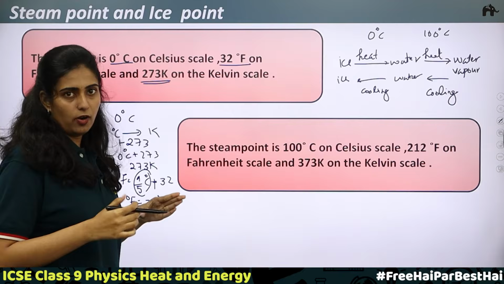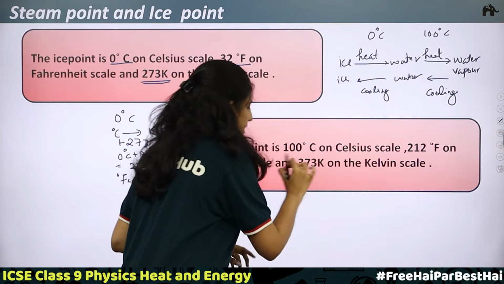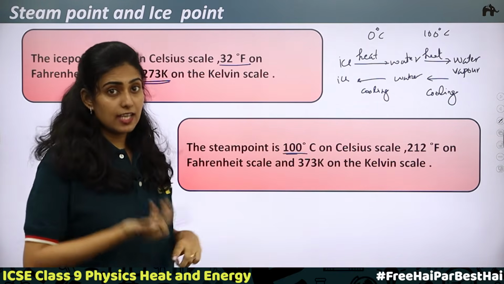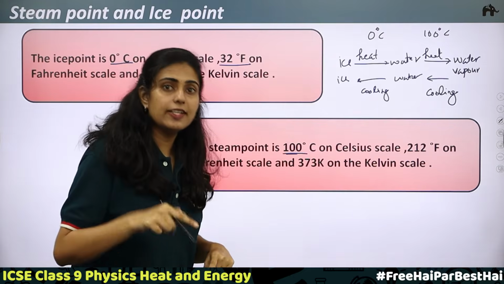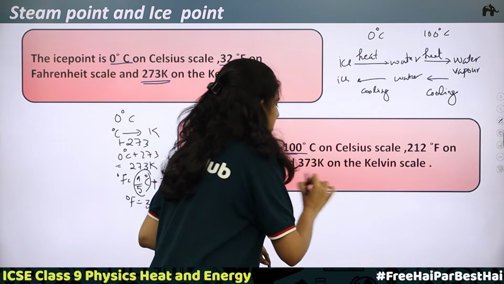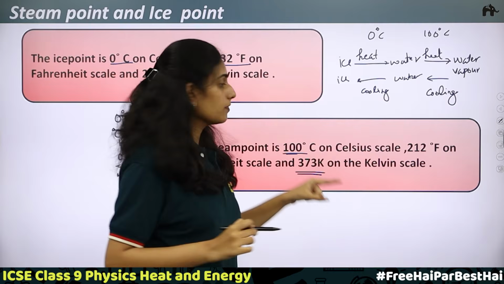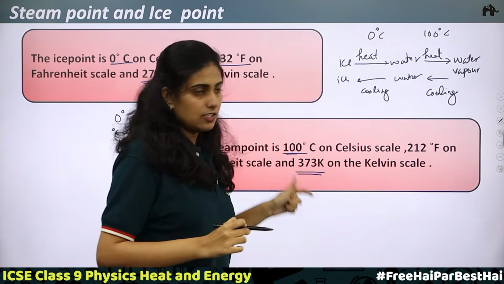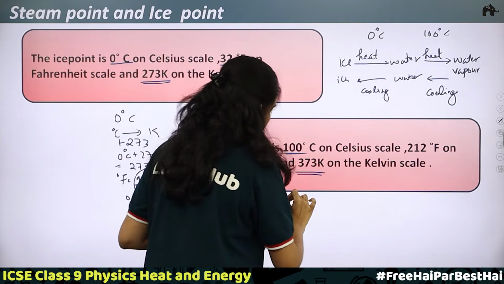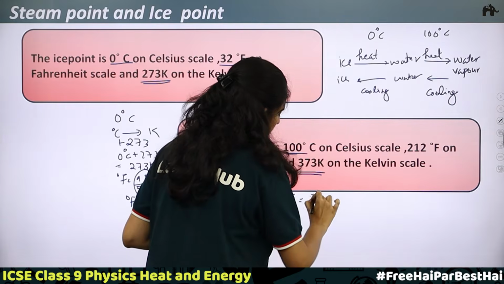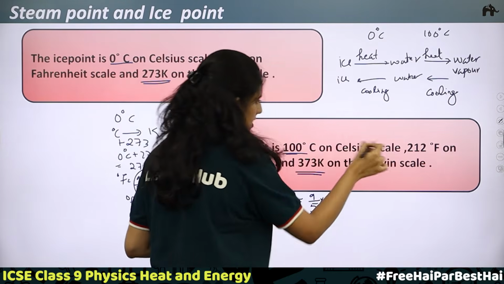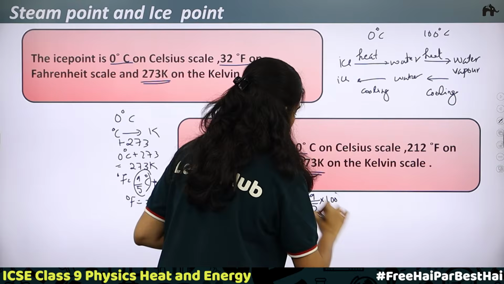Next is the steam point. The steam point is 100 degrees Celsius. So what is it in Kelvin? It will be 273 plus 100, that is 373 Kelvin. Now, to get it in Fahrenheit, degree Fahrenheit is equal to 9 by 5 into degree Celsius plus 32. Here the degree Celsius is 100.